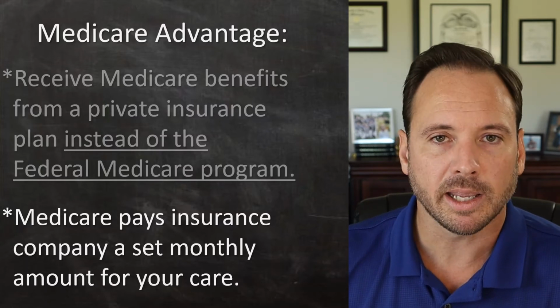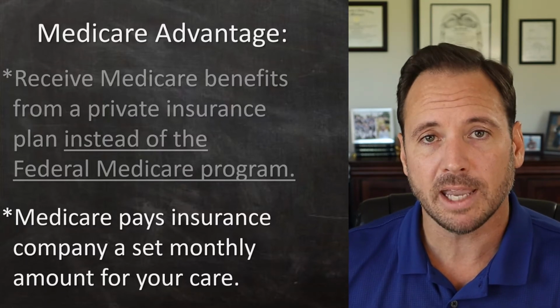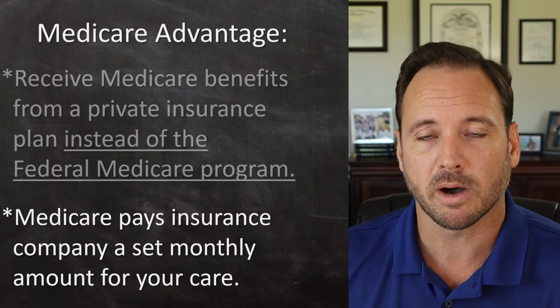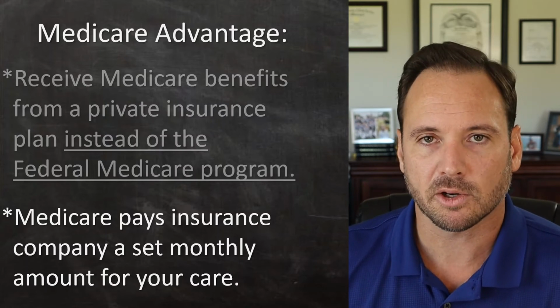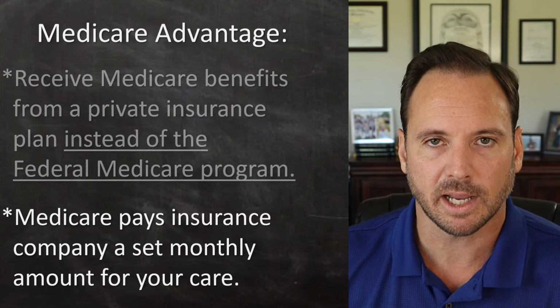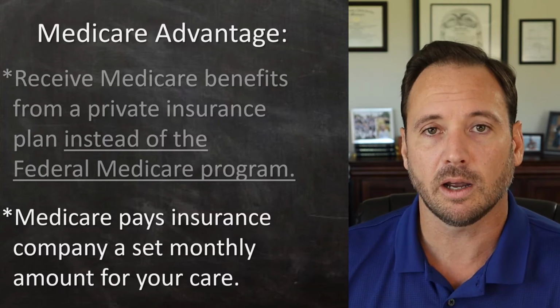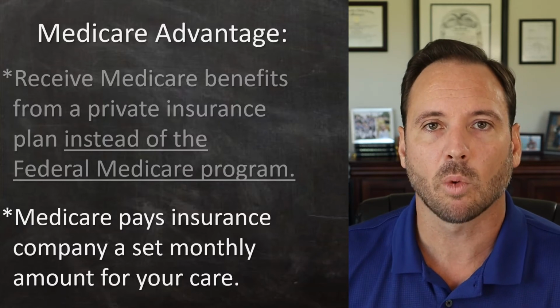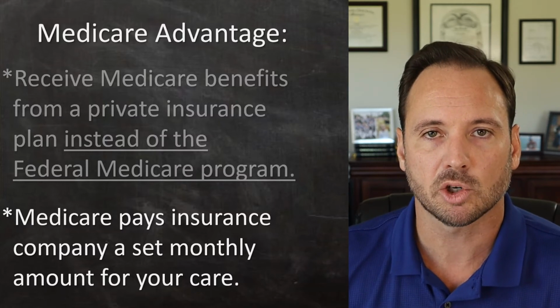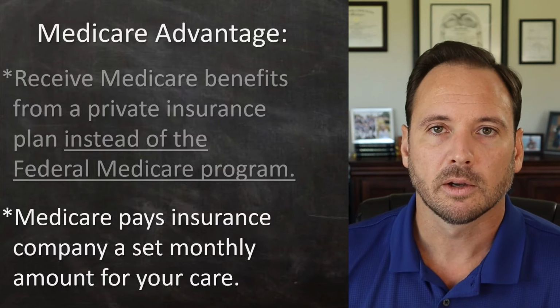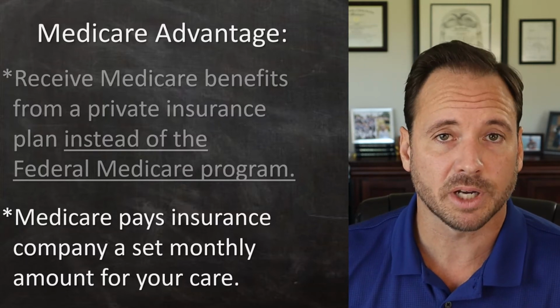Now, the amount of money that the federal Medicare program pays your Medicare Advantage plan every month is not random. It's based on a Medicare beneficiary capitation rate. Medicare tracks its costs very closely, and so they know for every county, really, what an average Medicare beneficiary should cost them per month. It's usually around $1,200.